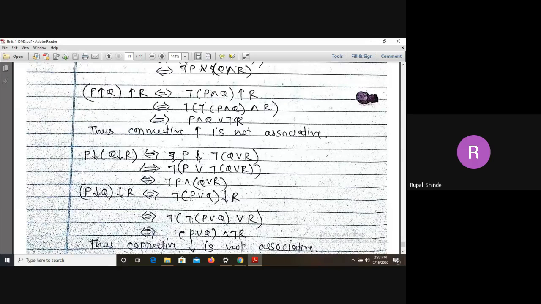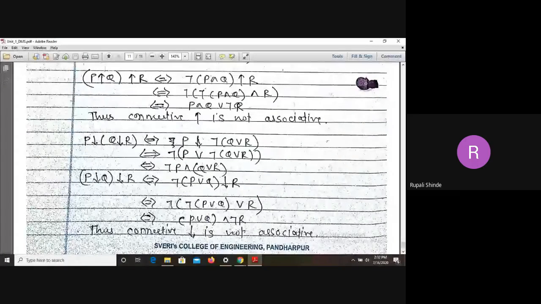So negation of the first term is negation of (P or Q), or the second term R. Now we apply the negation to this bracket, so the negation gets cancelled. We get P or Q, and the or becomes and, negation R. This is the simplified form of the second formula.